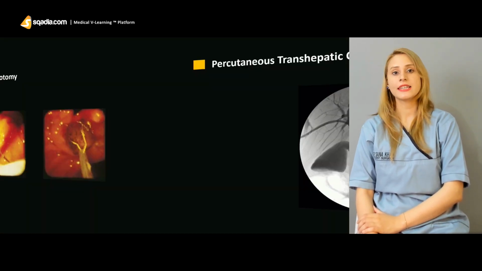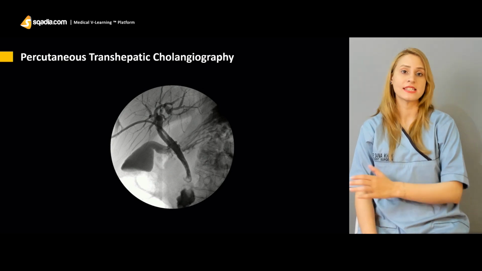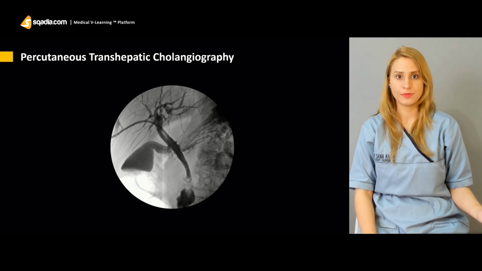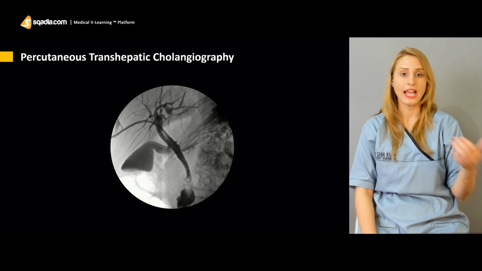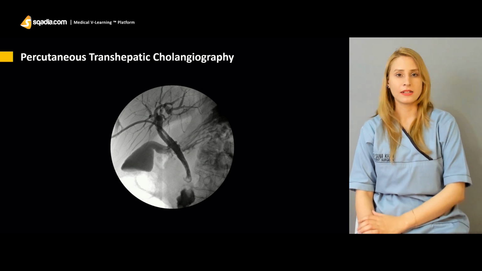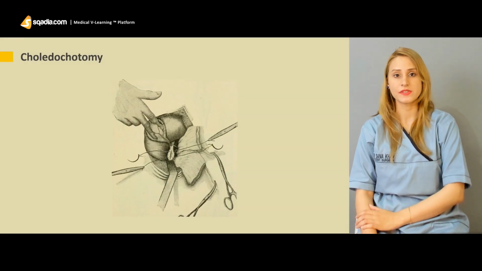Then we'll be talking about percutaneous transhepatic cholangiography, and percutaneous transhepatic aspiration. These are interventional gastroenterology drainage procedures for the effective drainage, and stenting can be one of the uses for the retrieval of the stones.